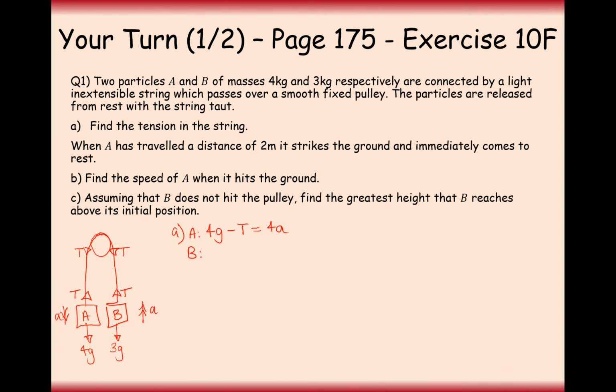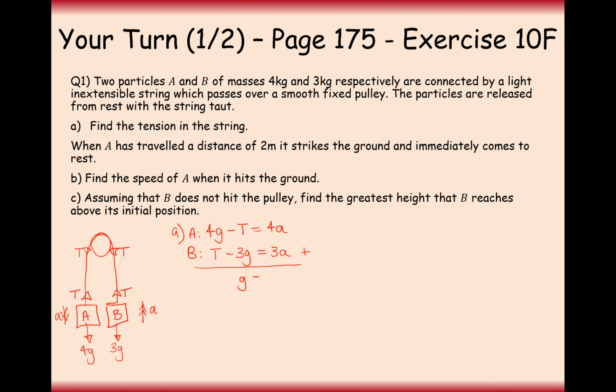For particle B, this one's going upwards, so upwards is positive for this one, so T minus 3g equals mass times acceleration. And we can see here that we've got one positive T, one negative T, so cancel them out by adding the equations together.